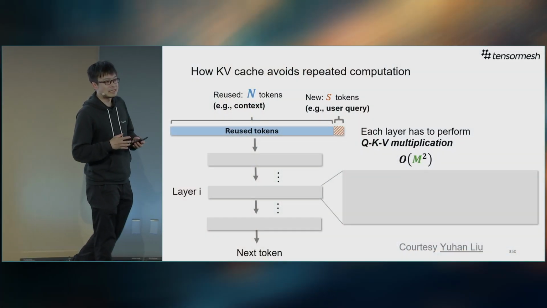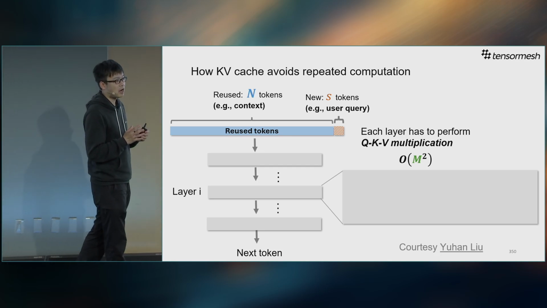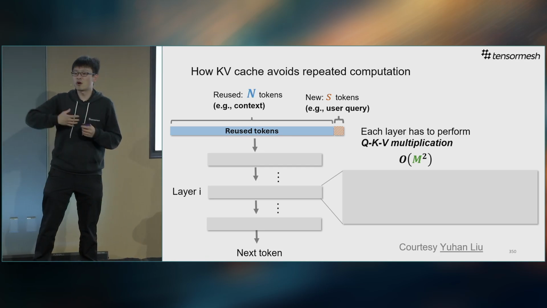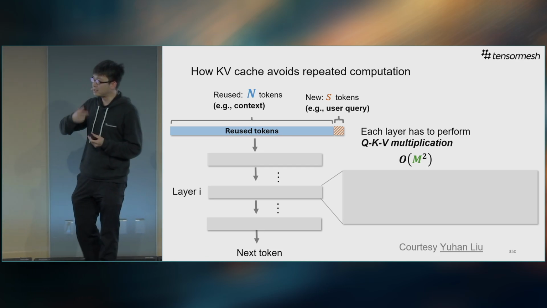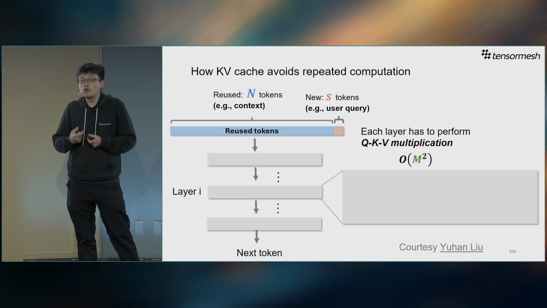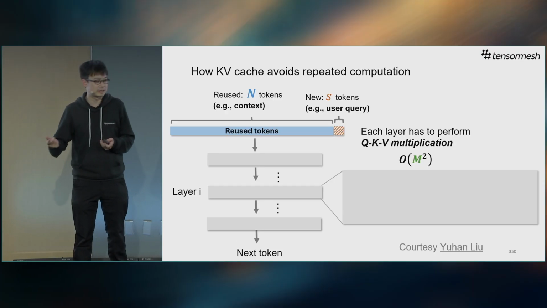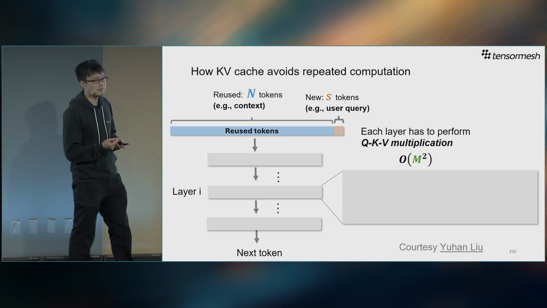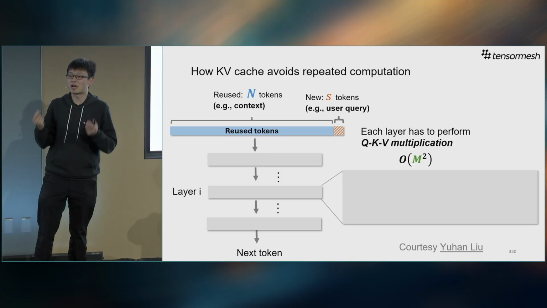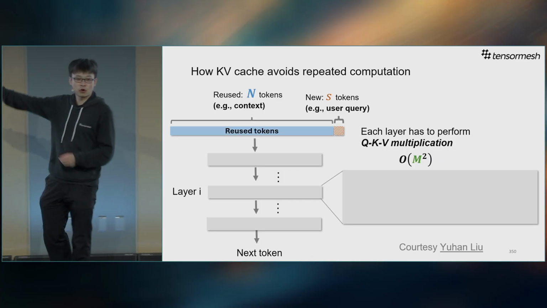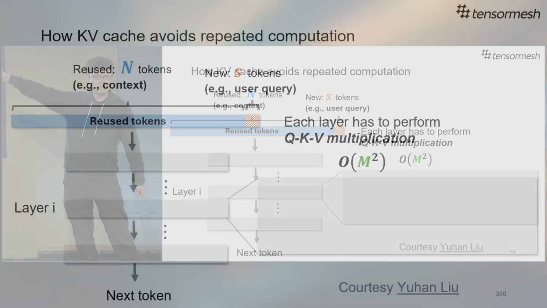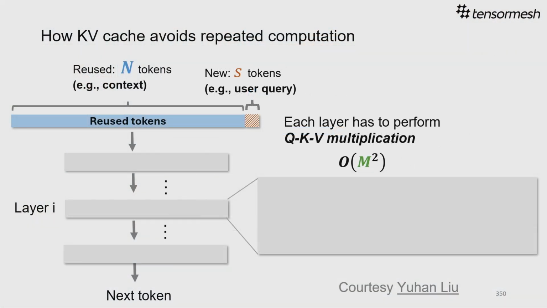Now, that's bad, but once you realize most of the tokens in the input are reusable, and reusable across different iterations with the same query, and also reusable across queries. Think about you ask multiple questions about the same document. That document's tokens will be there in the input multiple times. And in a multi-turn agentic environment, all this context accumulated by the model over time will be there in the input.